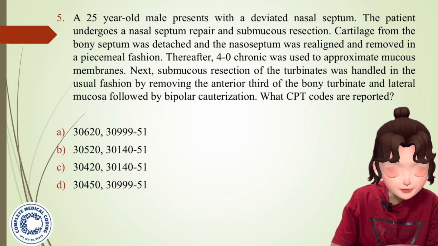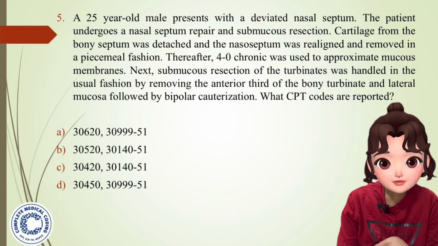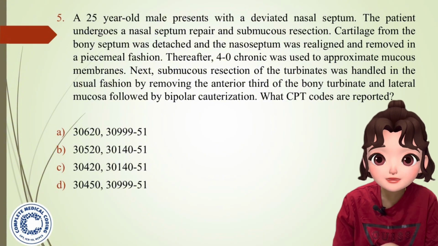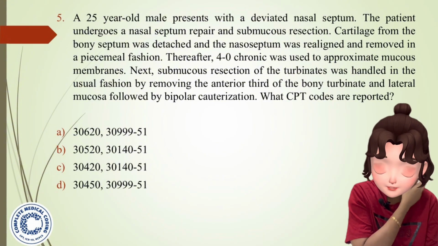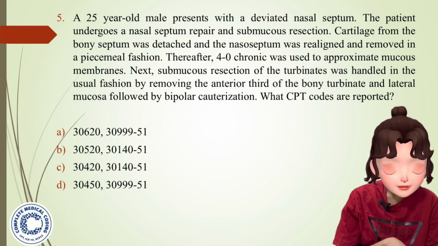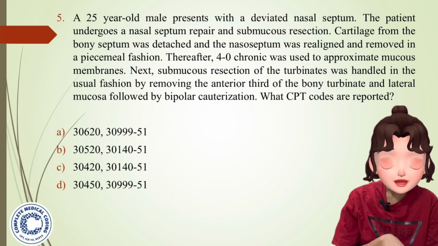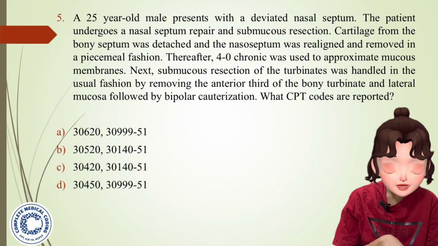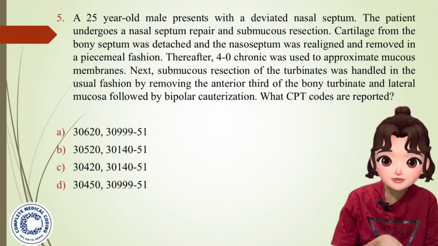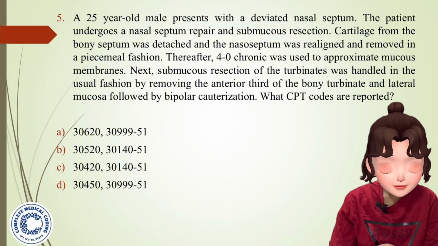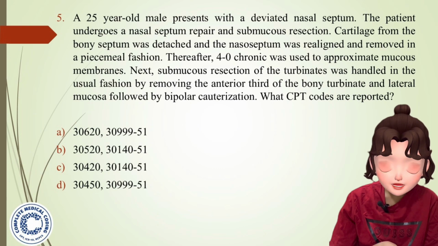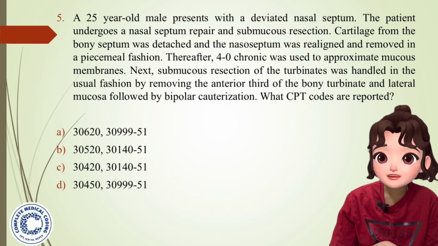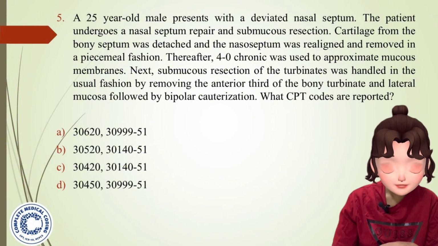What is 30520 in option B? Septoplasty or submucous resection with or without cartilage scoring, contouring or replacement with graft. Yes, submucous resection. Septoplasty or submucous resection. Yes, this is the procedure, right?